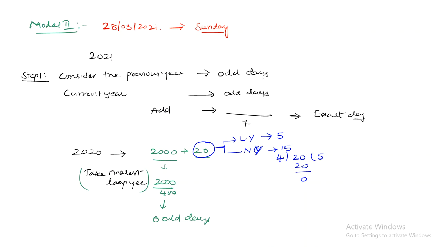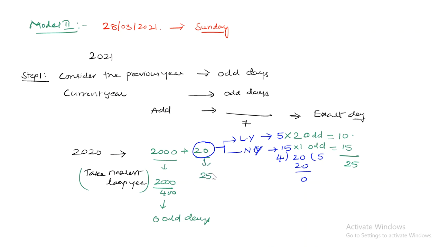Now each leap year will constitute 2 odd days. So 2 odd days, how much is it going to be? 10 days here, and each normal year is going to contribute 1 odd day. It is going to be 15. So in total, how many? Okay, total 25 odd days are present here.